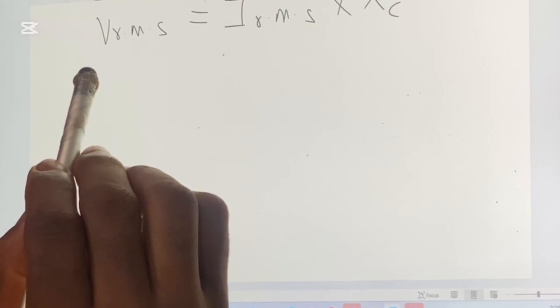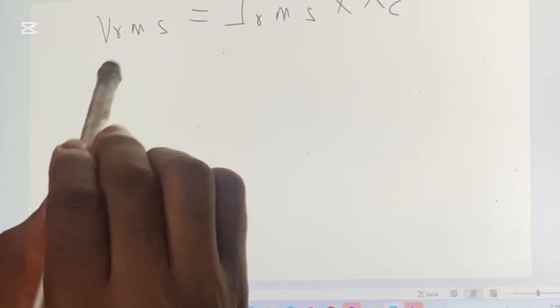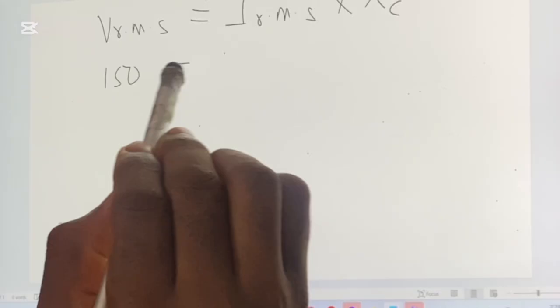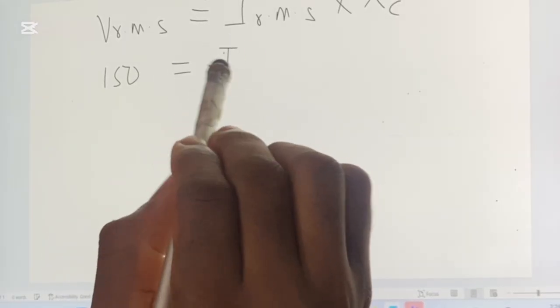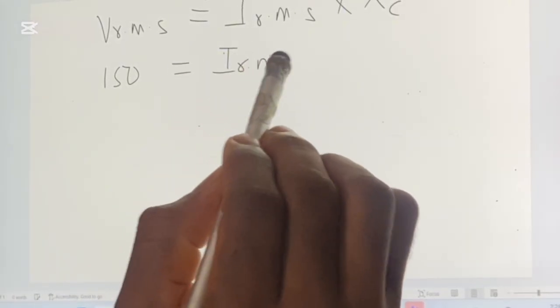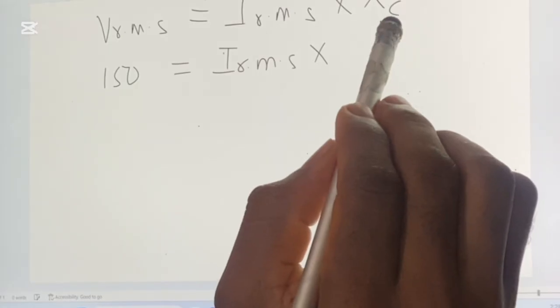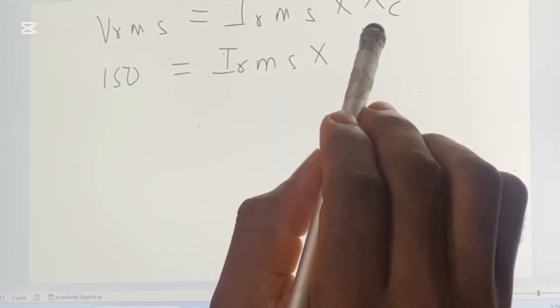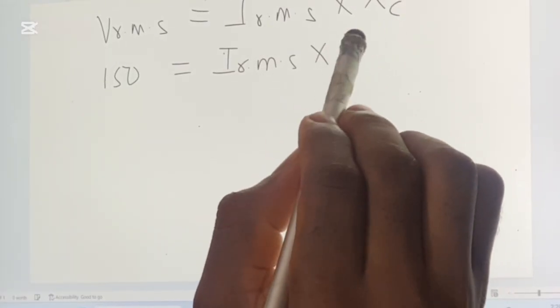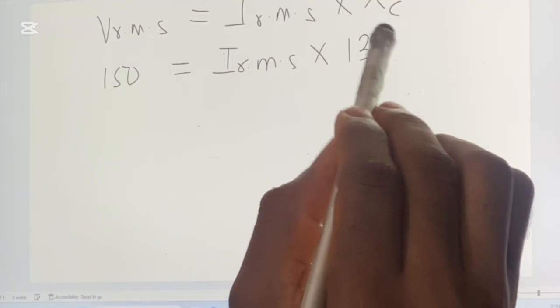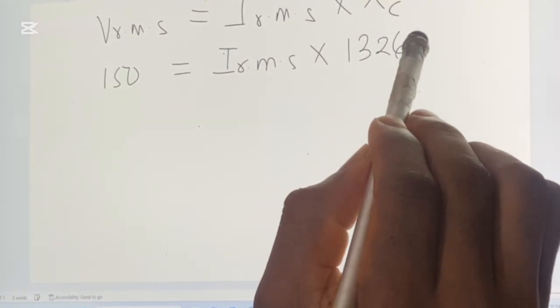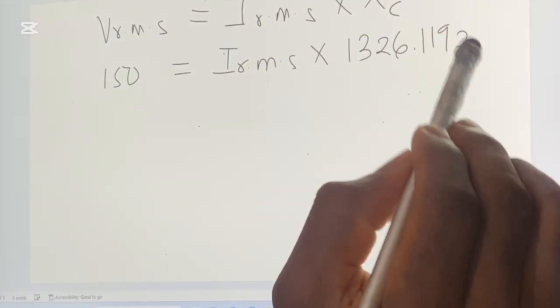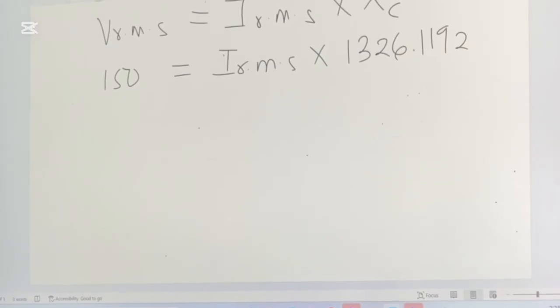The root mean square voltage is given to us as 150, equal to the root mean square current, which is what we are asked to calculate, times the capacitive reactance, which is given to us as 1326.1192.